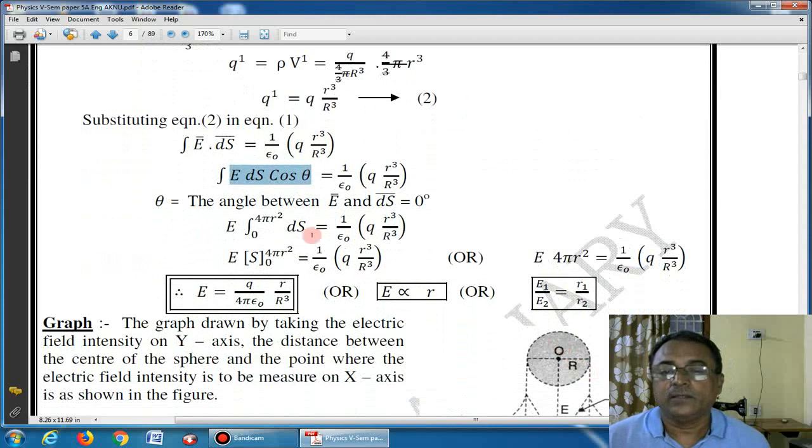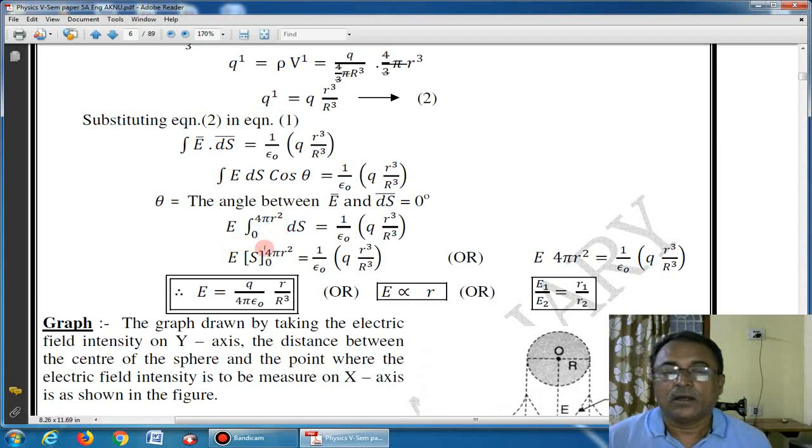Then E is taken outside, and integral ds, and here also the integration limits are to be taken. I have told you in the earlier case the lower limit is 0 when the Gaussian surface is point size, and when the total area of the Gaussian surface is taken, the surface area of the sphere with small r radius is equal to 4 pi r square.